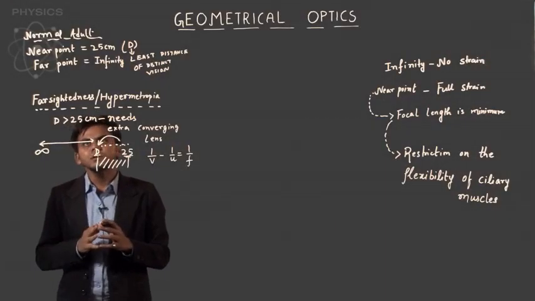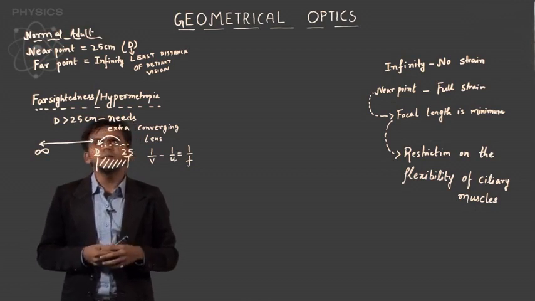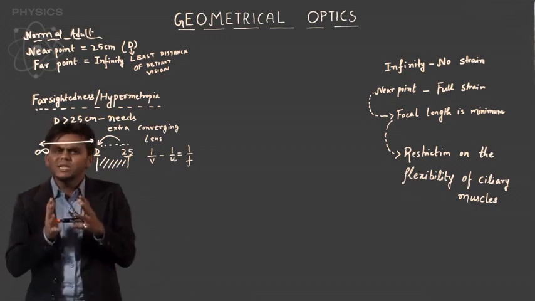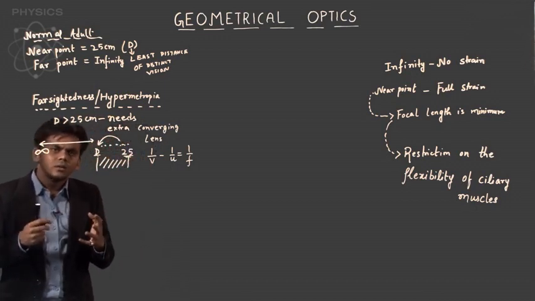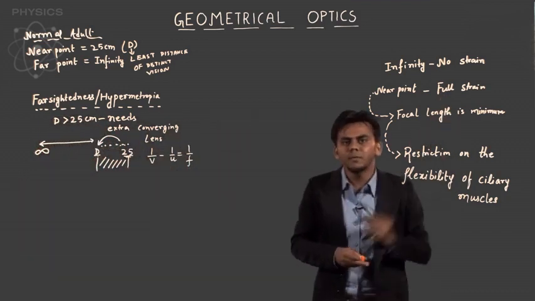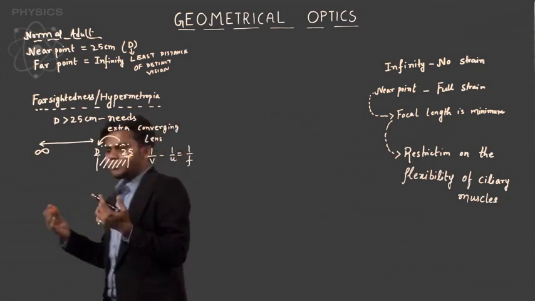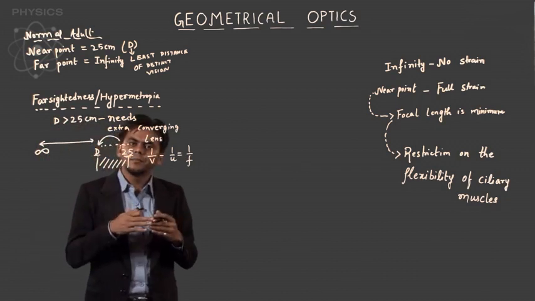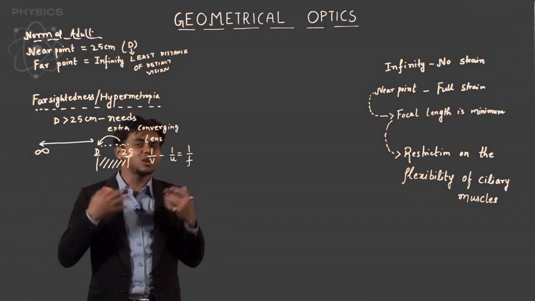Now, there could be one more defect, that I am not able to see objects at infinity, which means my ciliary muscles under normal state, no strain also, has so high converging power that it converges the rays before retina. So converging lens won't help me now because it's already converging.